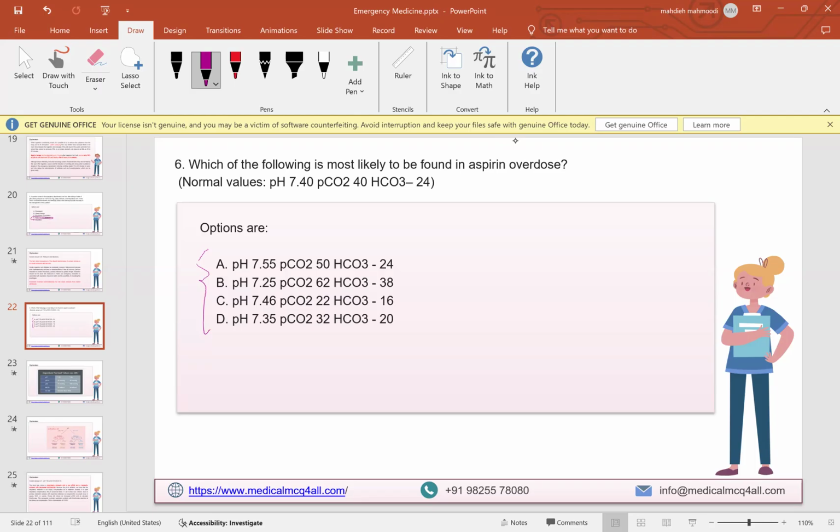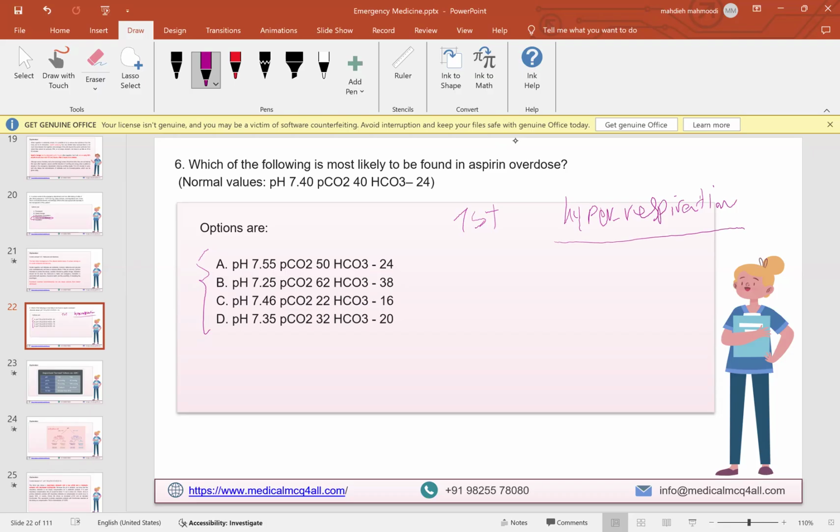Okay. In all of the aspirin poisoning, mild, moderate, severe, the first step is hyperrespiration, in the earliest stages.